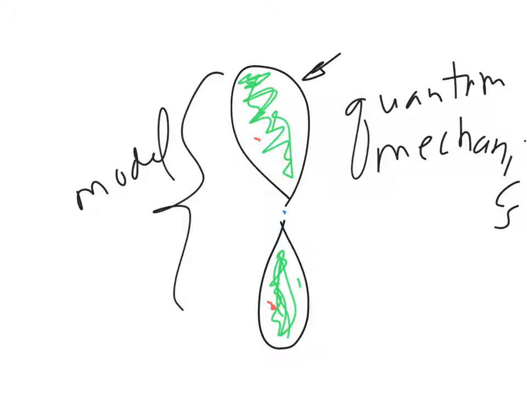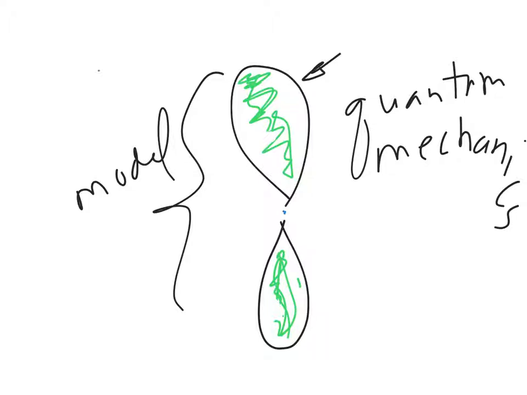There's nothing about this shape that prevents this electron from being found, instead of where it's at right now, out here, right? So this is just a model that lets us represent how much energy the electrons have.